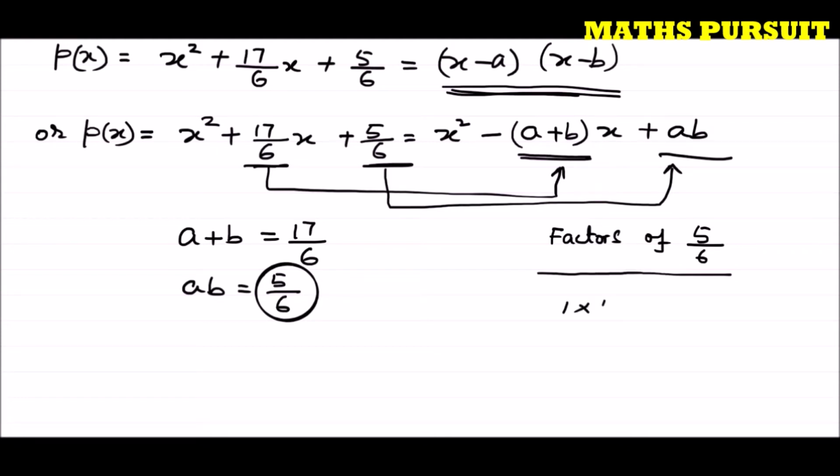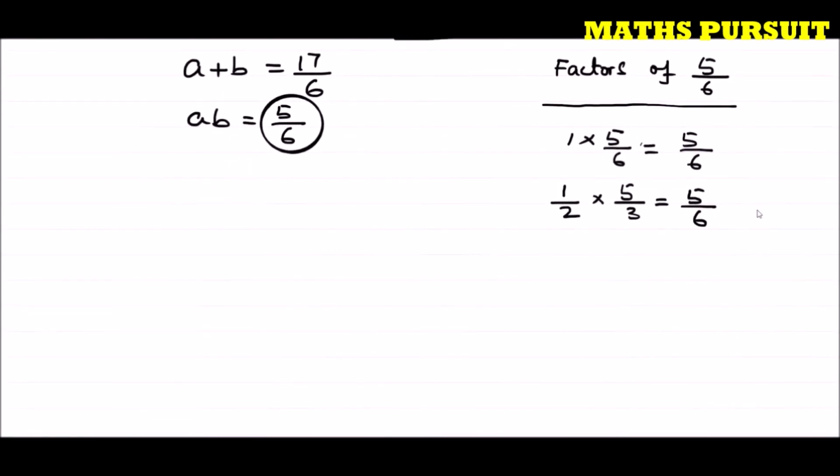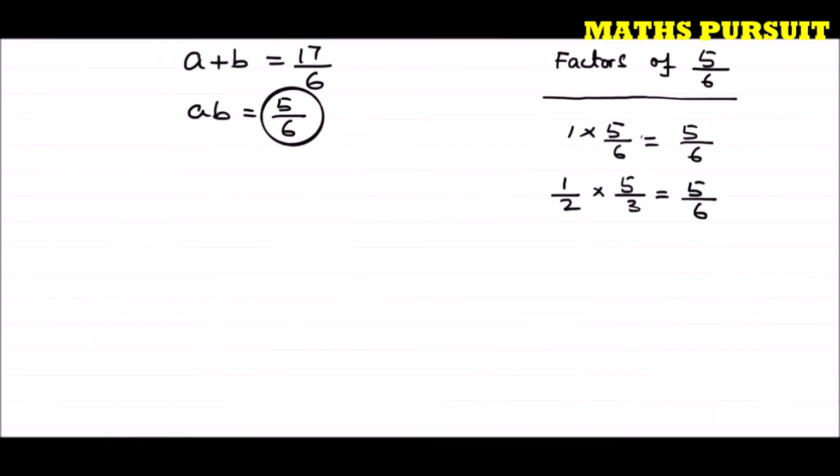We will start with 1. 1 into 5 upon 6 is equal to 5 upon 6. Then I can consider 1 upon 2. If I take 1 upon 2, it will be 5 upon 3. If we multiply, we will get 5 upon 6. Guys, we are just finding some factors of 5 upon 6.